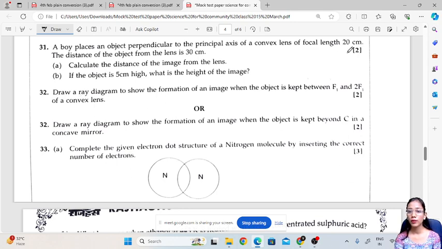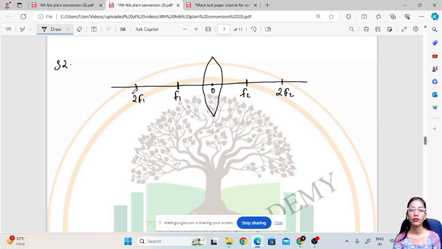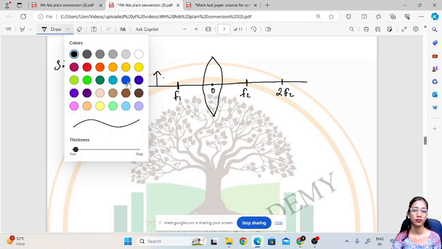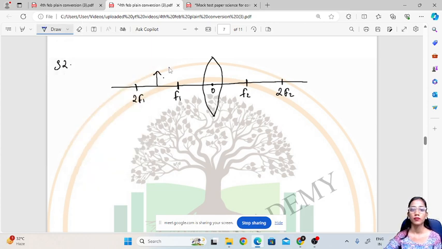When the object is placed between F1 and 2F1, I'll place the object over here. So we'll use the ray diagrams.